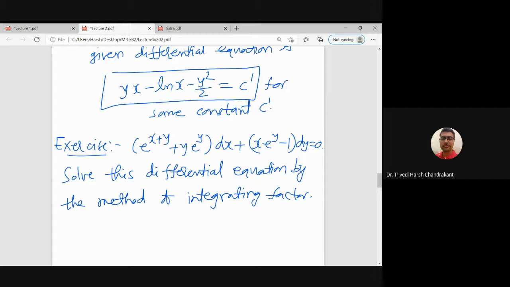Particularly try the second method, where you are getting the function of y, and try to solve this problem.